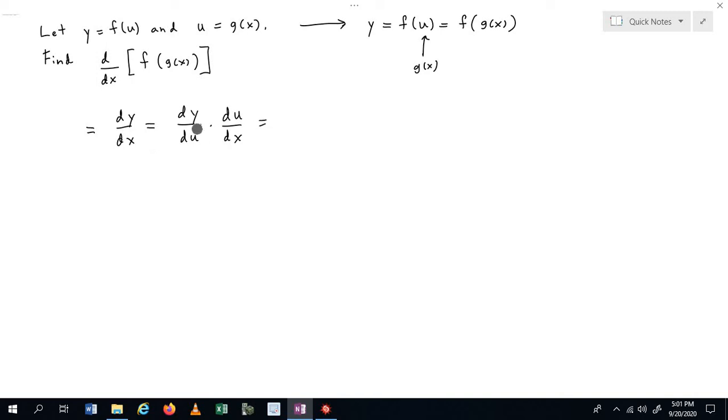But then what's dy du? What's the derivative of y with respect to u? Well, another way of writing that is simply f prime of u. It would be the derivative of this function, which we can write in prime notation.